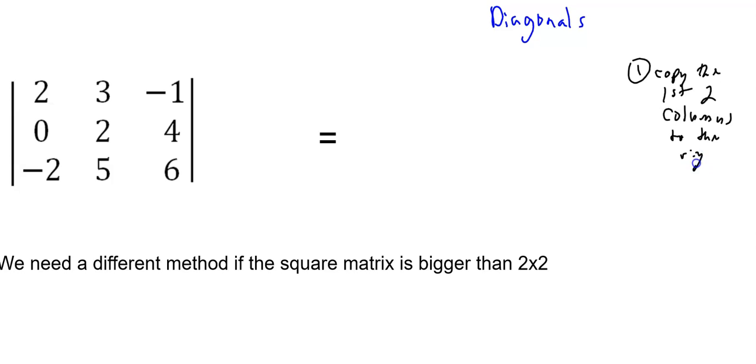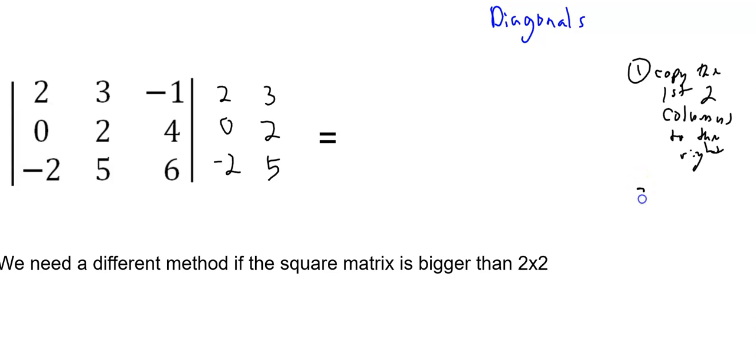So immediately to the right of the matrix. So you see that 2, 0, negative 2. So I'm going to put 2, 0, and negative 2. I'm copying it. And the next column, 3, 2, 5. So 3, 2, 5. I'm just kind of extending the pattern. If this matrix is kind of repeated or something, I'm extending the pattern.